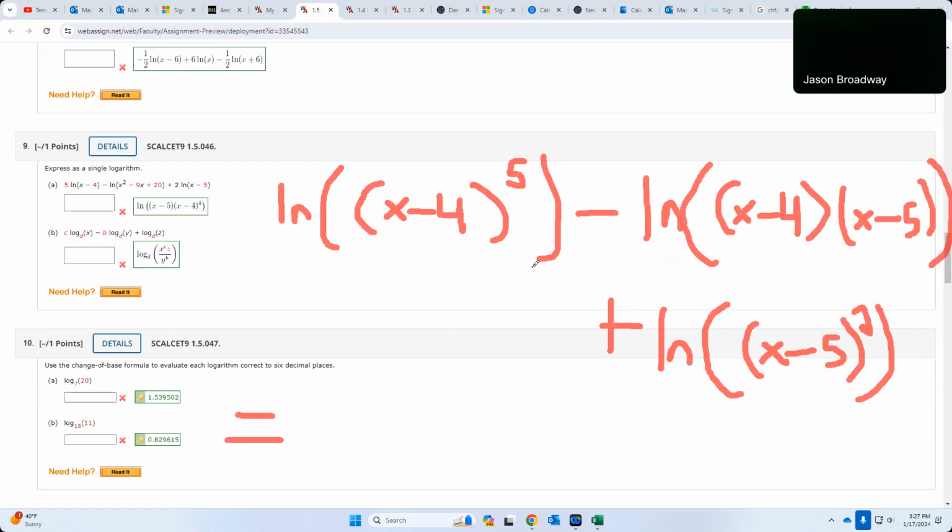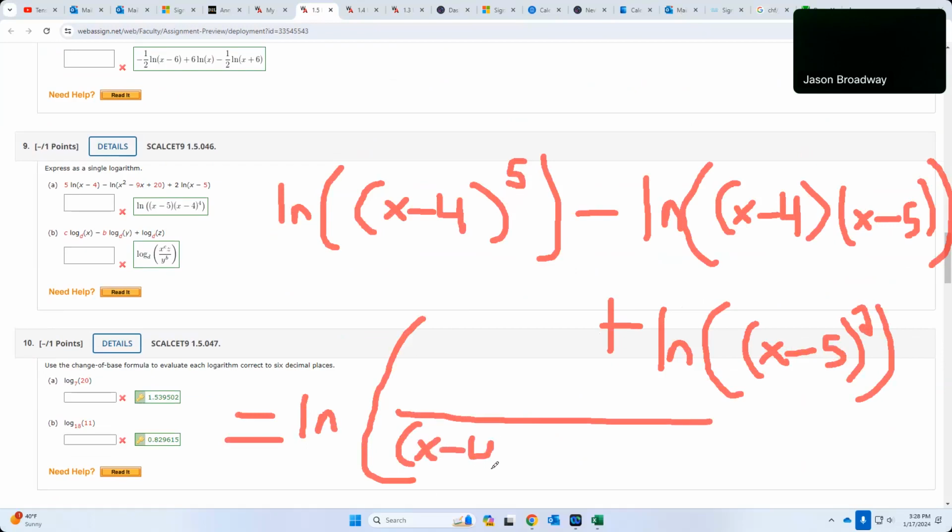Now we can bring all this together. So natural log of, now that minus means denominator. So we're going to have an x minus 4 in parentheses down here. That x minus 5 comes with it. Now, this x minus 4 to the 5th is up here because it's just positive. Now, that x minus 5 squared is up here.